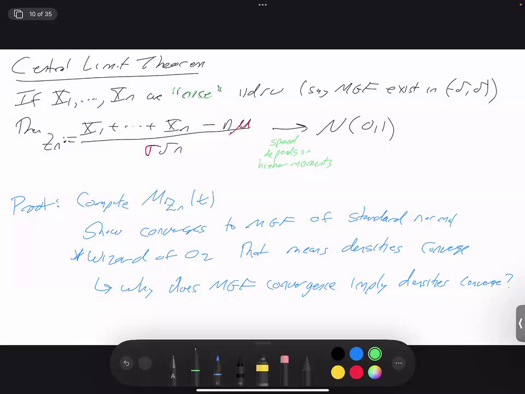If I give you the Cauchy distribution, you can't even talk about this because the Cauchy distribution doesn't have a finite variance. But I could give you the function 1 over 1 plus x to the 4th, or 1 over 1 plus x to the 6th, and those do have variances. And so in situations like that, all the moments don't exist, so the moment generating function doesn't exist, but some moments do.